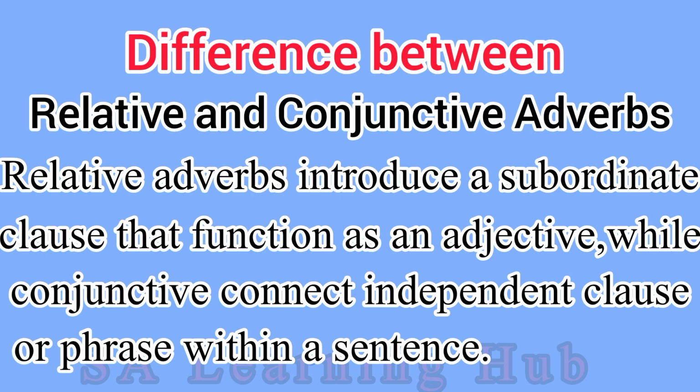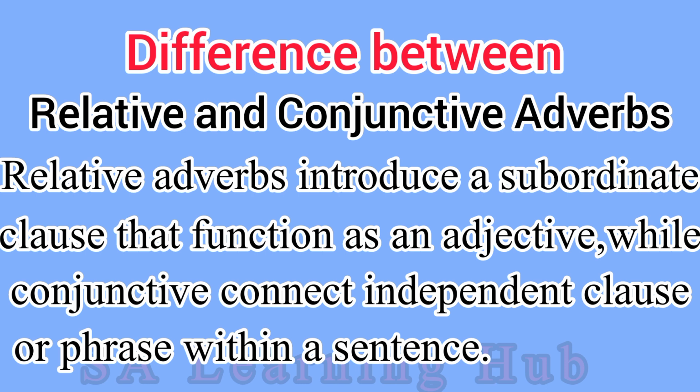They describe a relationship between the clause and the rest of the sentence. For example, this is the reason why I didn't go to the party. In this sentence, why is a relative adverb that introduces the subordinate clause why I didn't go to the party. This clause functions as an adjective that modifies the noun reason.